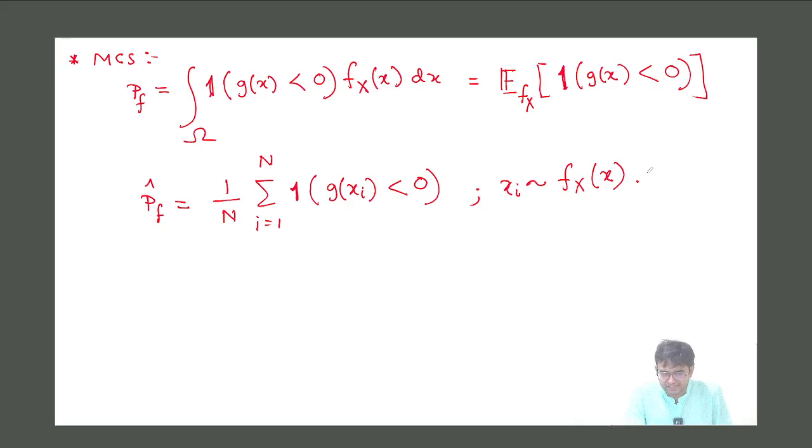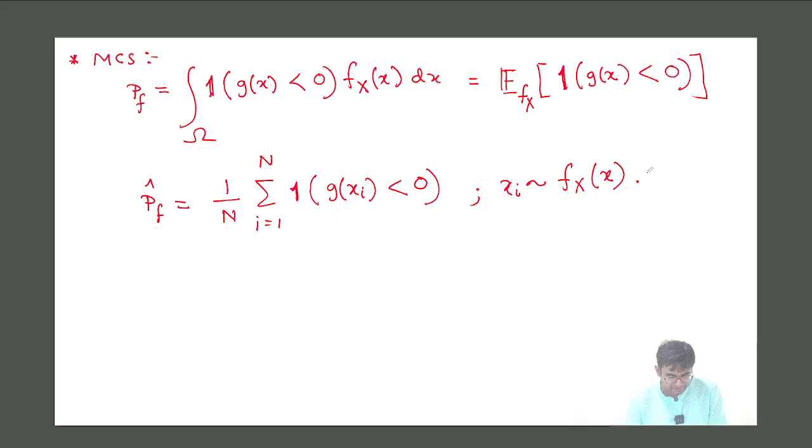It cannot be just any arbitrary sample, it has to follow the distribution, because if it is not following the distribution, the expectation will not hold. That is why, when you are sampling, you sample from the distribution of x.